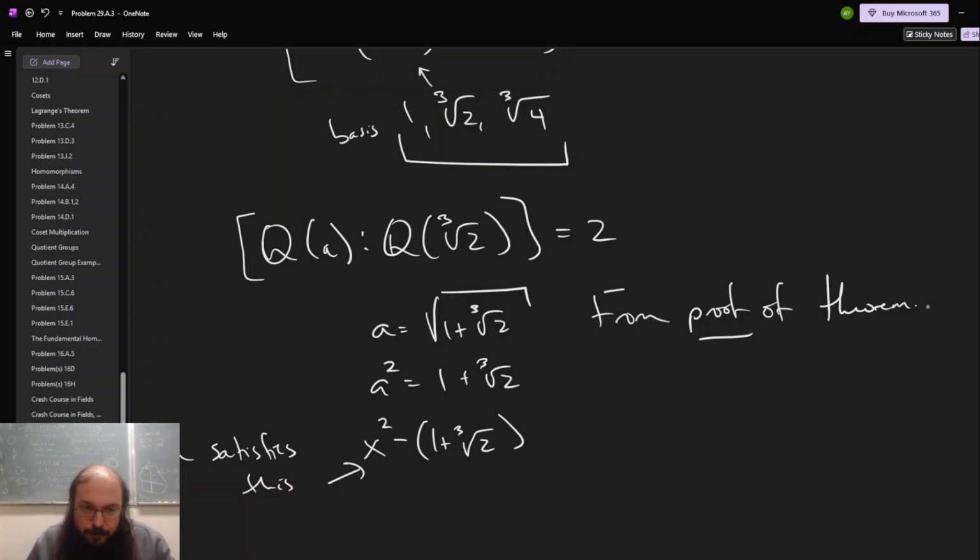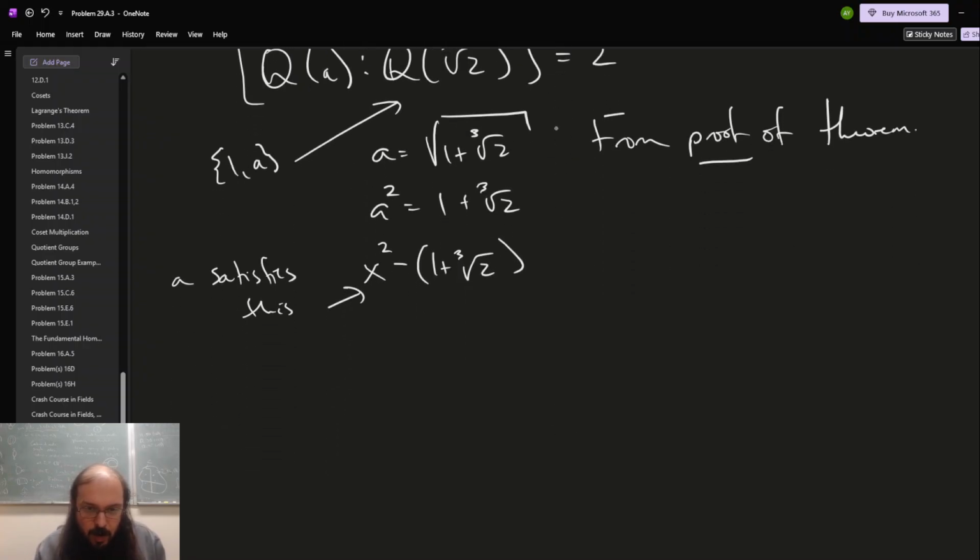The proof of the iterated field extension theorem that we proved, sometimes called the Tower theorem, is that a basis for the whole extension from top to bottom is given by multiplying the elements that appear in the individual components. So since this thing is generated by 1 and A over this guy, and this one is generated by these 3 things, then the overall basis must be given by all the possible products.